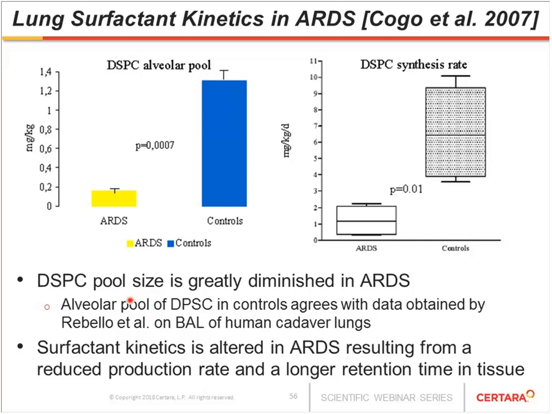And that was one of the main reasons why I thought this was a highly interesting example to our particular case study, where we were trying to learn about the amount of surfactant that was required for replacement in those patients with various pulmonary conditions.